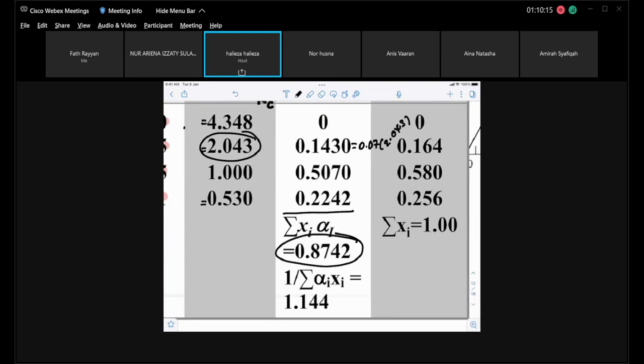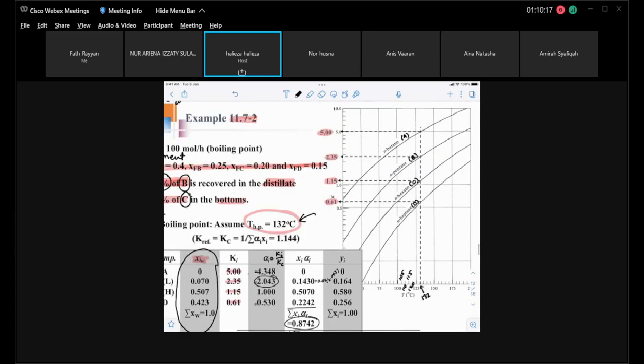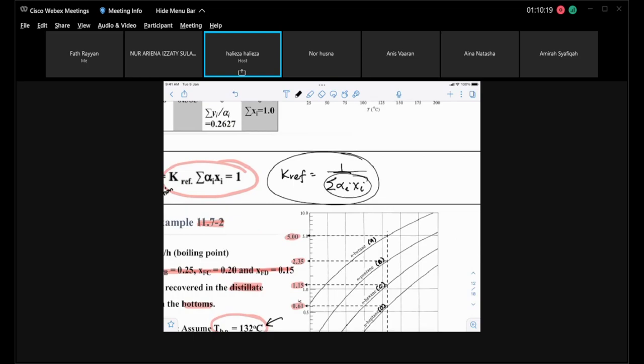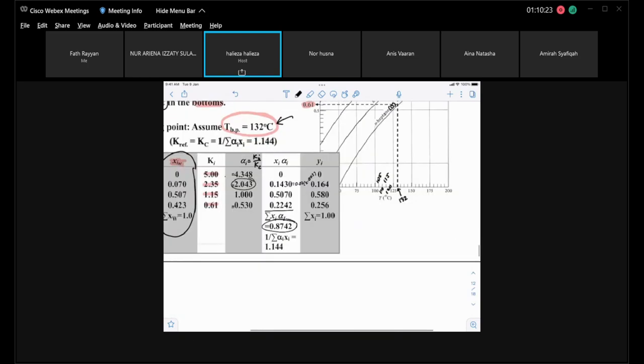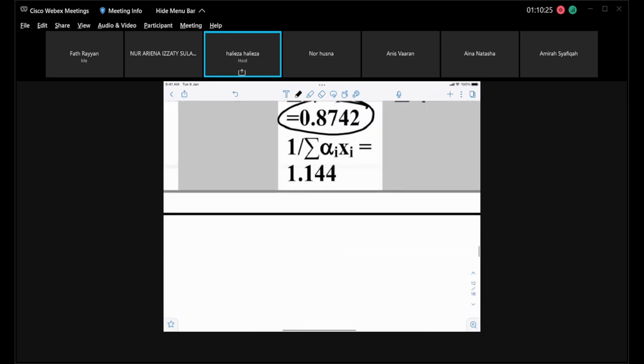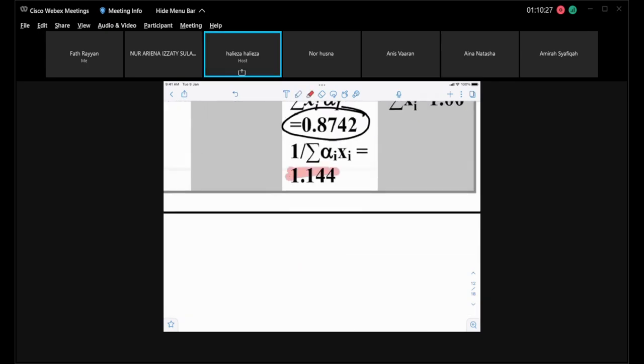Yeah, but based on the equation here, it should be inverse. I inverse the summation, and when I inverse it, I got 1.14. So my K reference, component C, should have a value of 1.144.